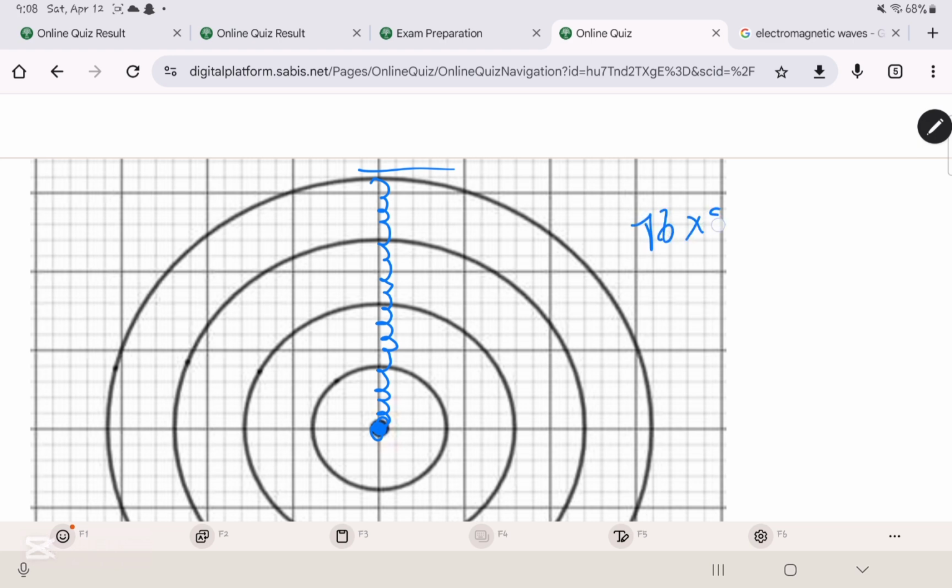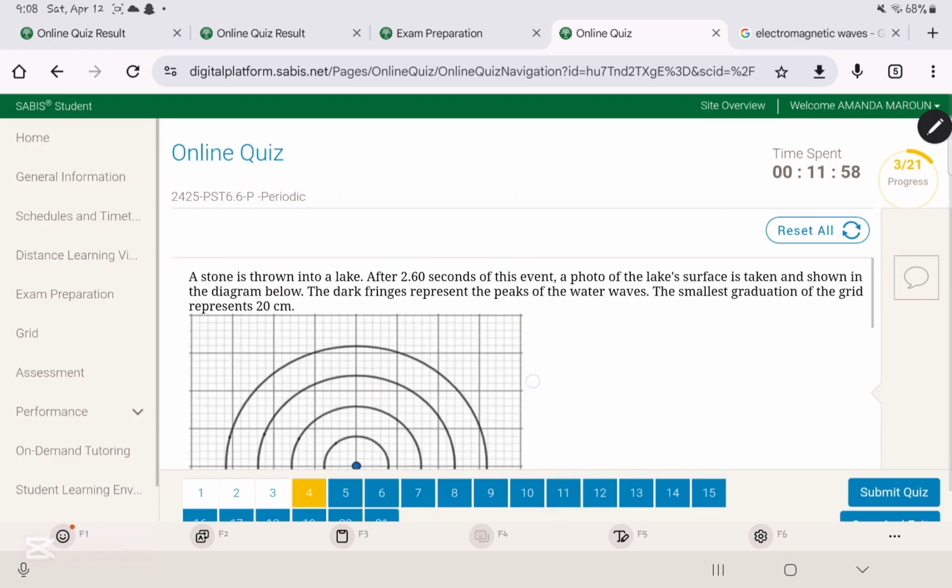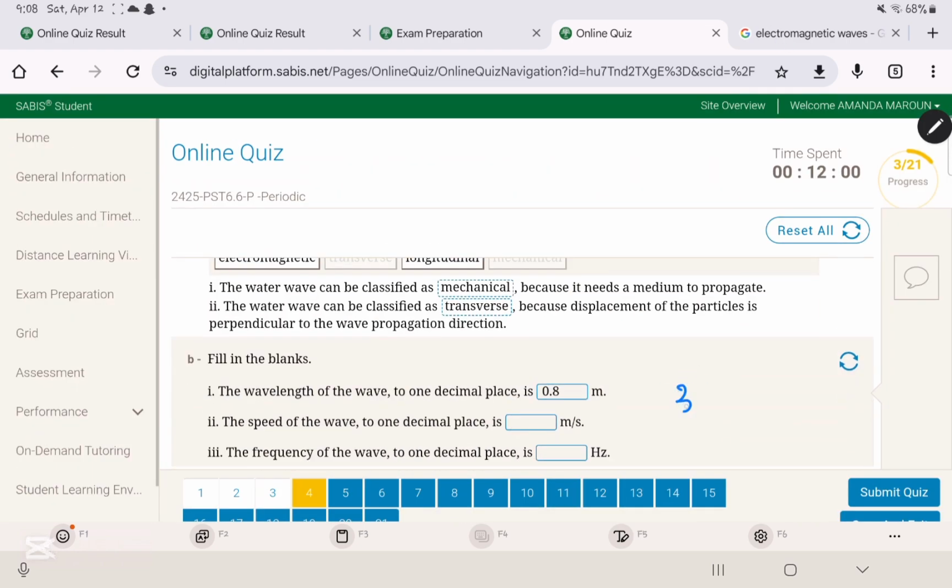So 16 times 20 is 320 centimeters. If you change it to meters, this is 3.2 meters. So now you have the distance. You're going to divide it by the time, which is 2.6 seconds. So 3.2 divided by 2.6 seconds, you will get approximately 1.23. So it is 1.23 meters per second.